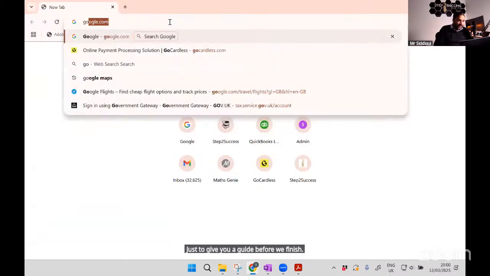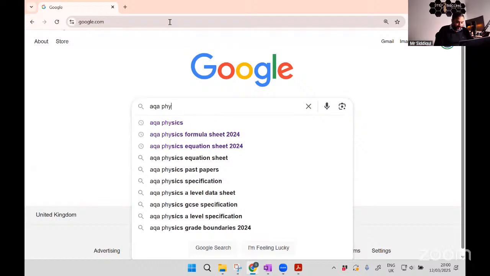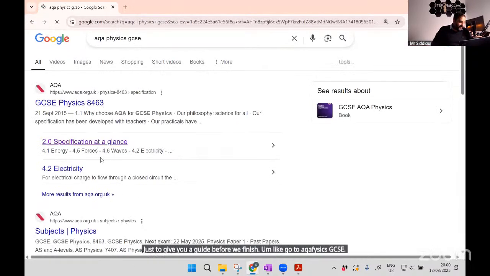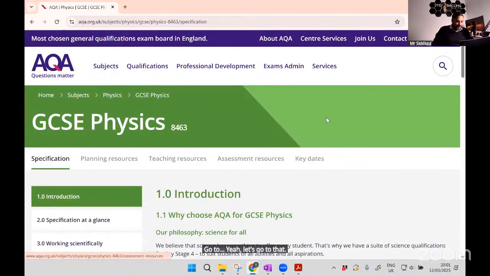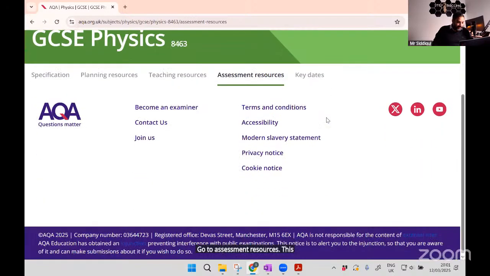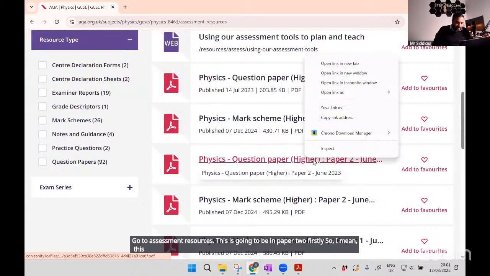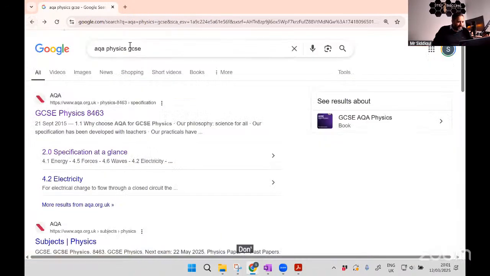Go to AQA, physics, GCSE. Go to assessment resources. This is going to be in paper two, firstly. This might not work, what I'm about to do, but I'm just going to go with it. Sorry, why am I doing physics? It's biology. Apologies.